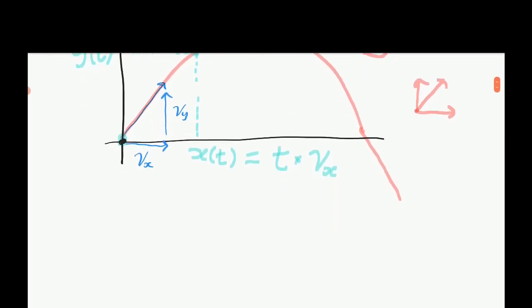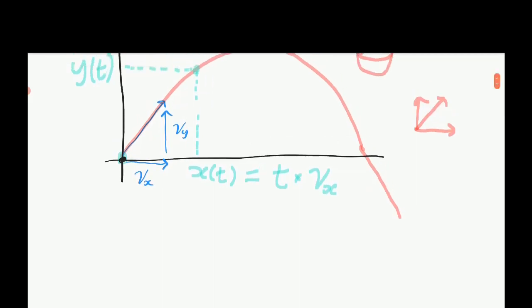Of course, this is something that we've all learned since we were very young, that displacement is equal to time multiplied by velocity. But I think it's still quite interesting to step back and think about what this really means.